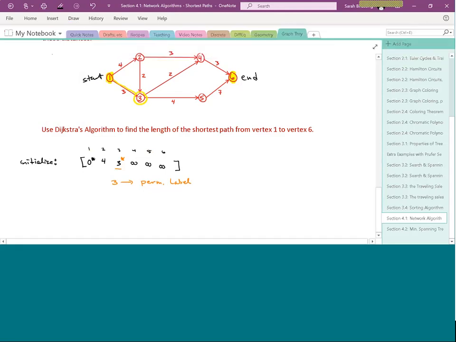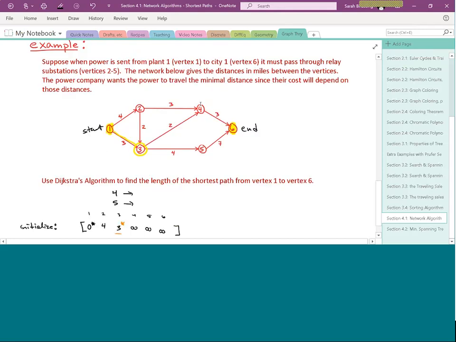Now, this is a directed graph. Any guesses who I mean when I say vertices adjacent to 3? What do you think those vertices are going to be? Correct. It's only going to be the vertices that you can go to from 3. So we're going to look at vertices 4 and 5, those guys being the only vertices that you can travel to from 3.